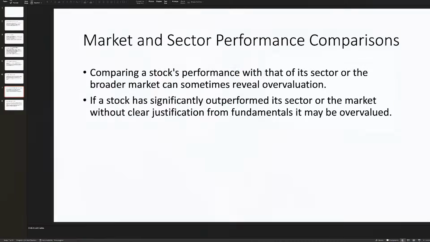You've got to look at what exactly is making it do that, and is that justifiable, or maybe this is just a little bit of hype. So you've got to start comparing, bringing it down, apples to apples, right down to the sector, look within it, and start to compare. Okay, really important to do that.